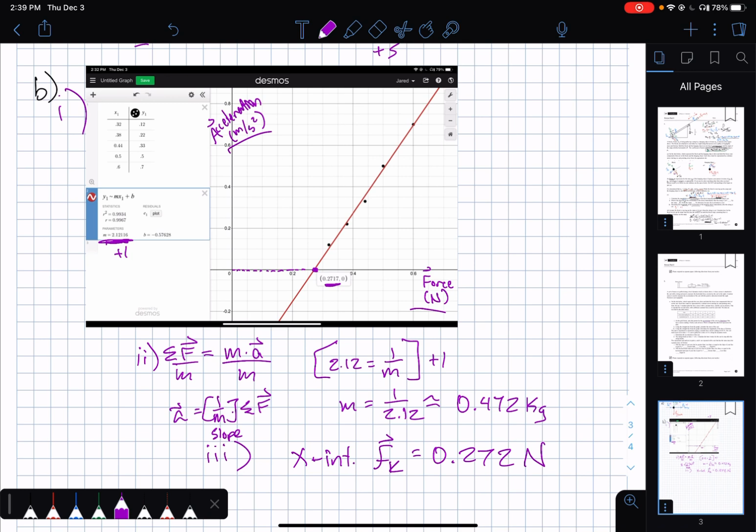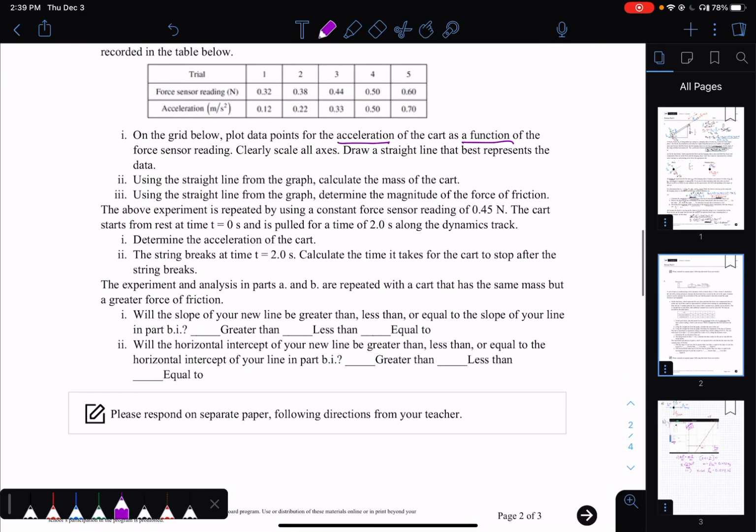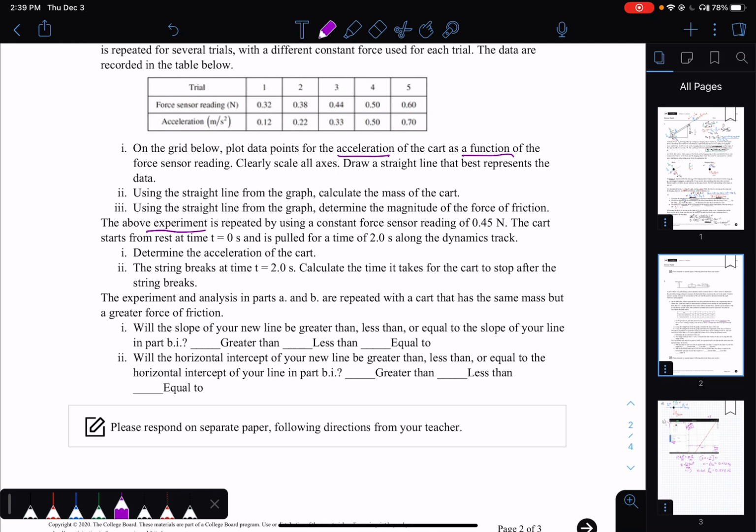The next part is we're looking at, it's repeated. The force sensor reading is 0.45 right here. The experiment is repeated, a constant force sensor reading of 0.45. The cart starts from rest and is pulled for 2 seconds along the track. So determine the acceleration of the cart.